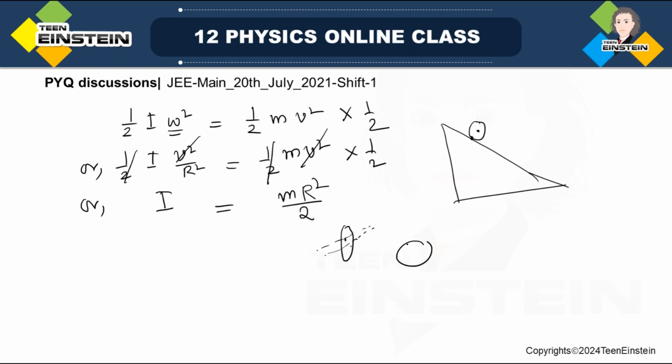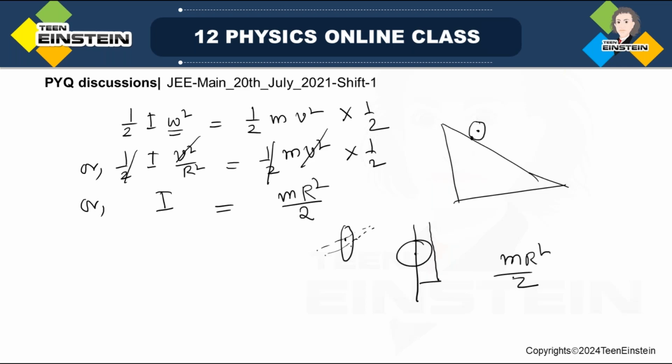The own axis passes through the center of mass, right? But here my moment of inertia has to be about this. So for a ring, the moment of inertia about the diameter will be m r square by 2.